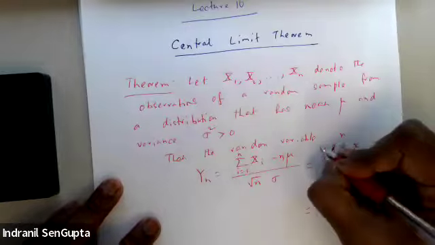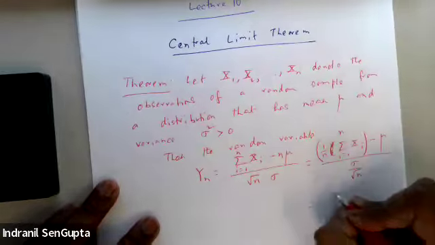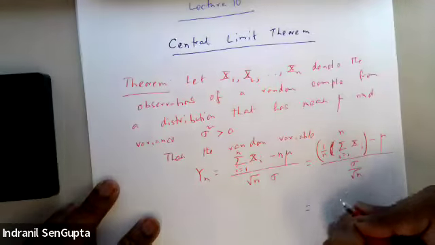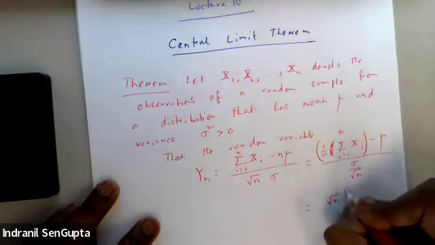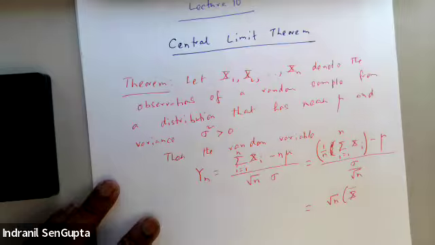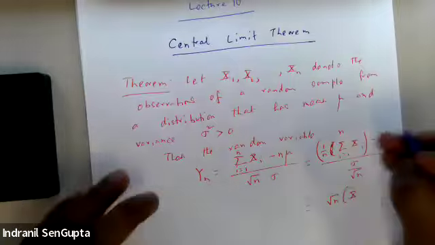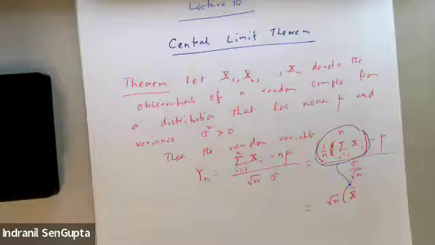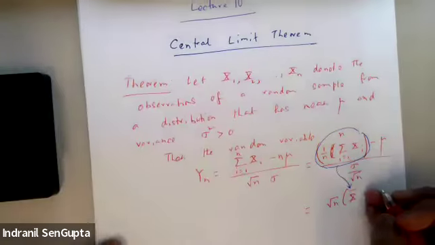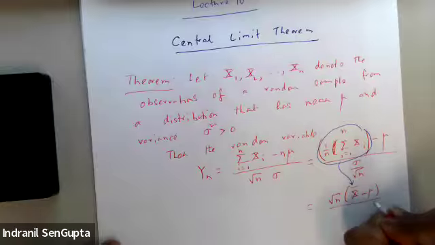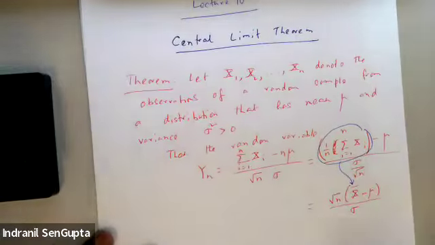The first term is X bar, and the square root of n goes to the top. So it becomes square root of n times X bar, because this quantity is X bar, the sample mean, minus mu over sigma. So we construct this quantity.